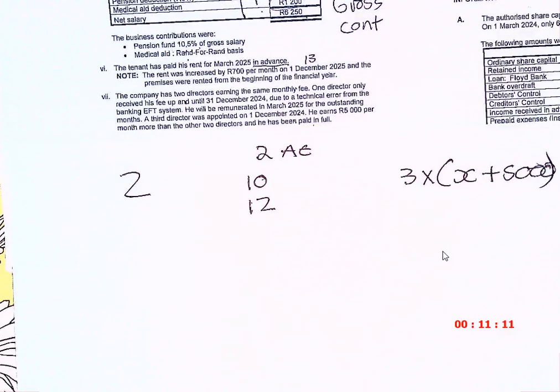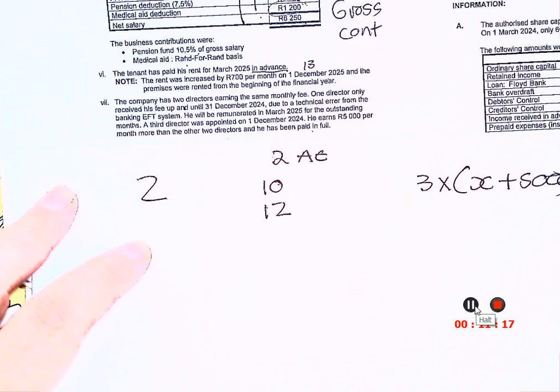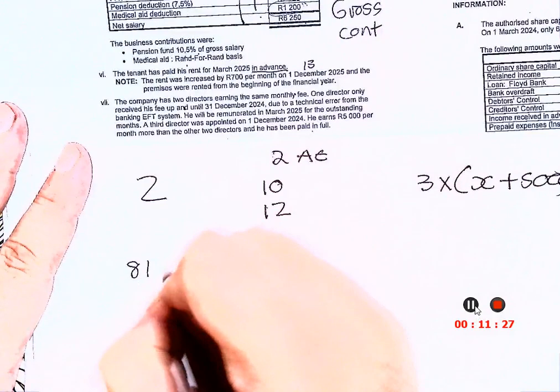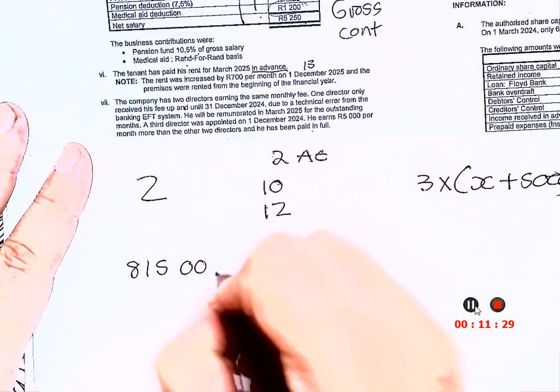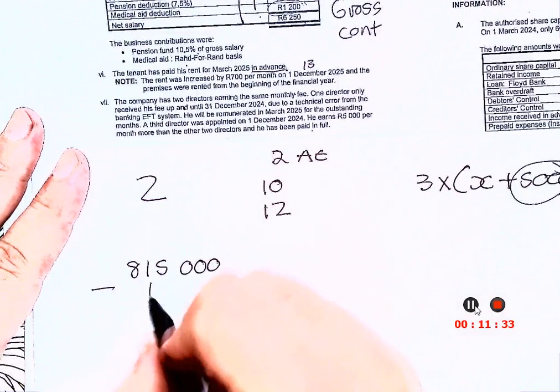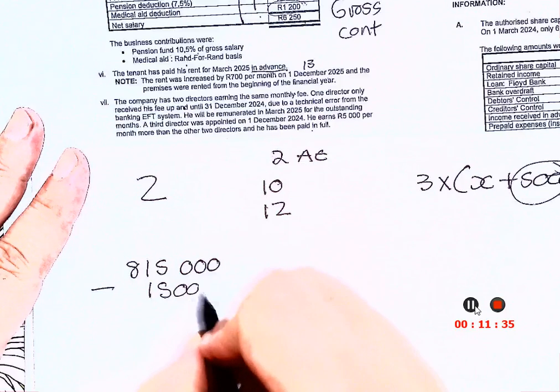Let me just pause while I think. Okay, so this is the same principle as the rent. I'm going to take what was the total director's fees. I see it was 815,000. So now I'm going to subtract for 3 months 15,000, right?